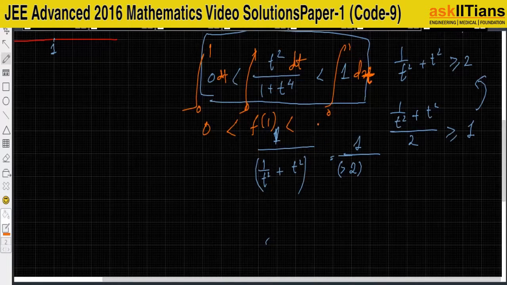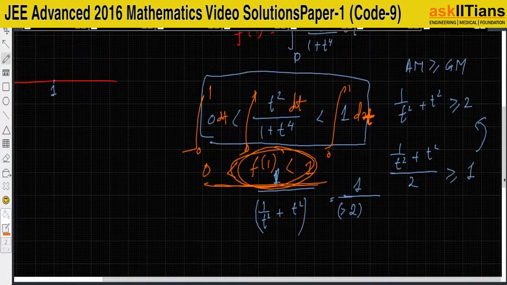This is f1, and 1 dt from 0 to 1 is nothing but 1 only, right? So f1 lies somewhere between 0 and 1, but it is less than 1. Now we have successfully proved that f1 is some quantity which is less than 1.